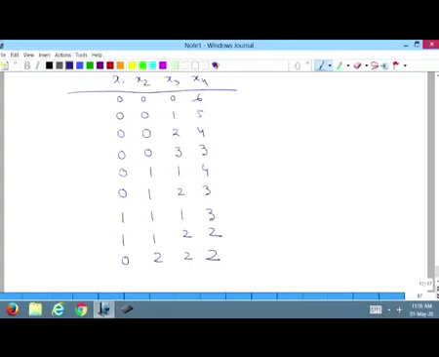So, we got 1, 2, 3, 4, 5, 6, 7, 8, 9. So, 9 possible solutions.